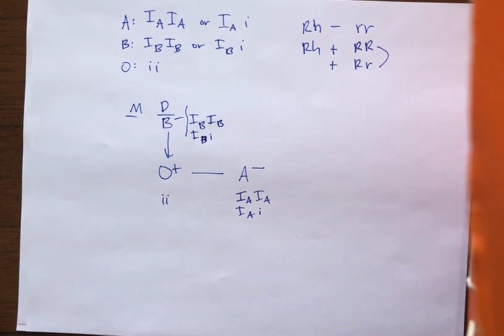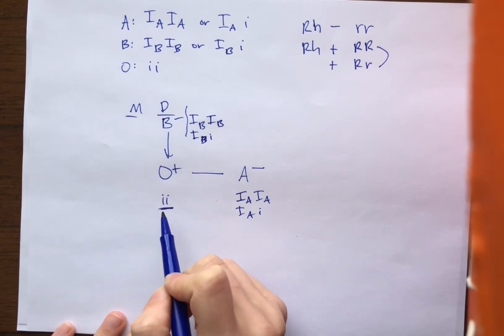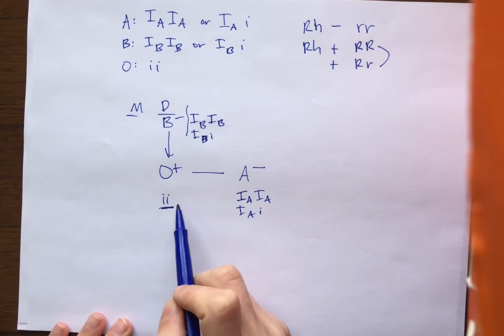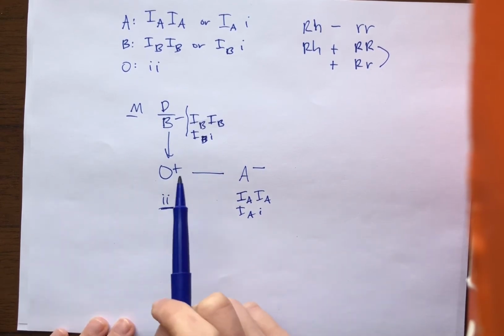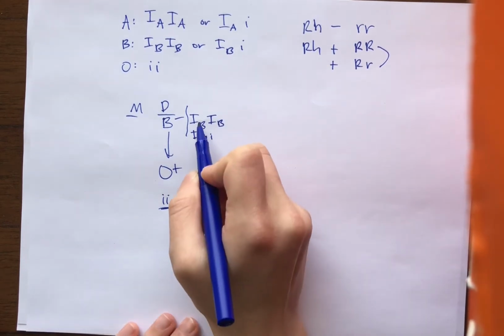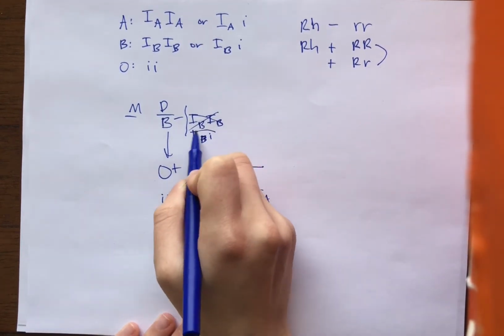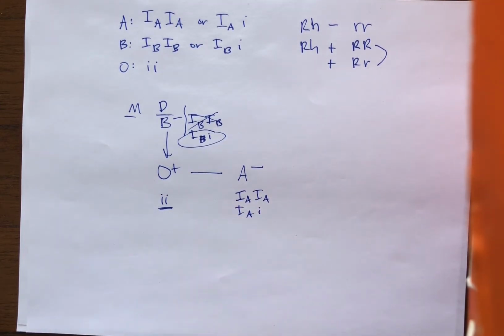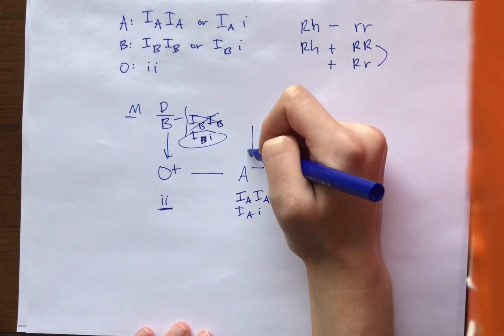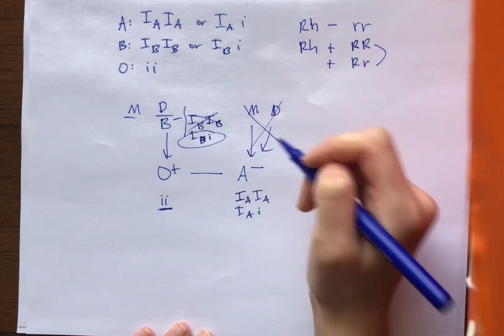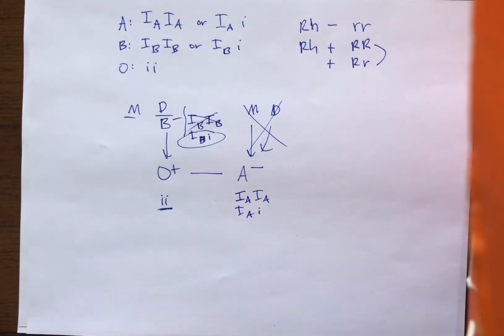Now, because the woman has two small i's, and for each allele she has, one has to come from mom and one from dad, we know that homozygous is not a possibility, and dad has to be heterozygous. We don't have any information for the man, we don't know mom or dad, so we just give both possibilities for the man.